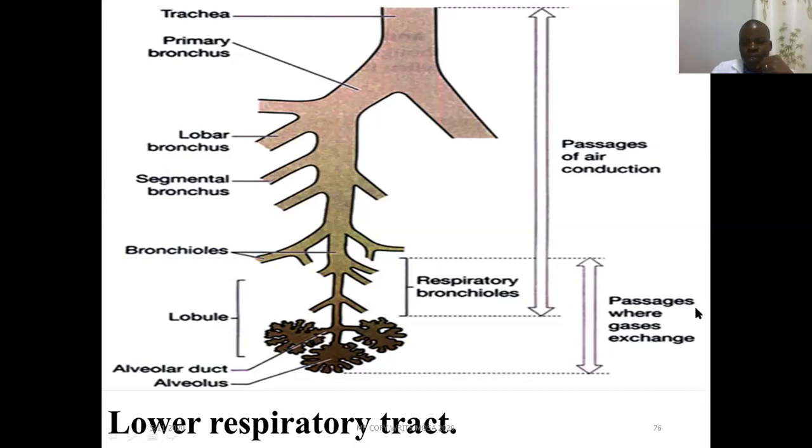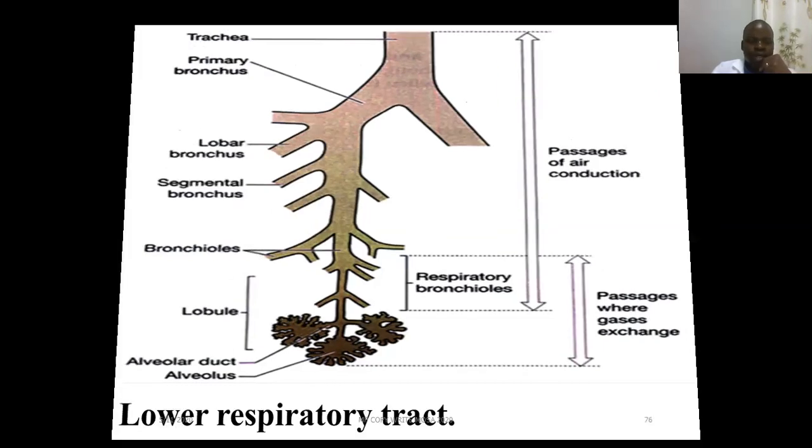Then these are passages where gases exchange takes place. So this is also the lower respiratory tract.